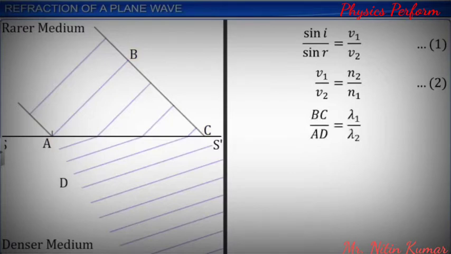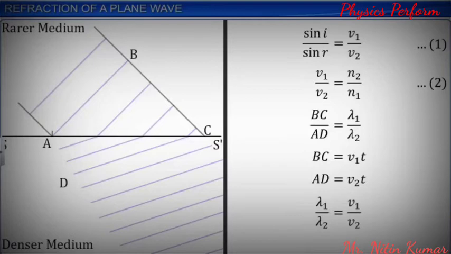Since BC is equal to V1T and AD is equal to V2T, we have lambda 1 by lambda 2 is equal to V1 by V2. Let this be equation 3.